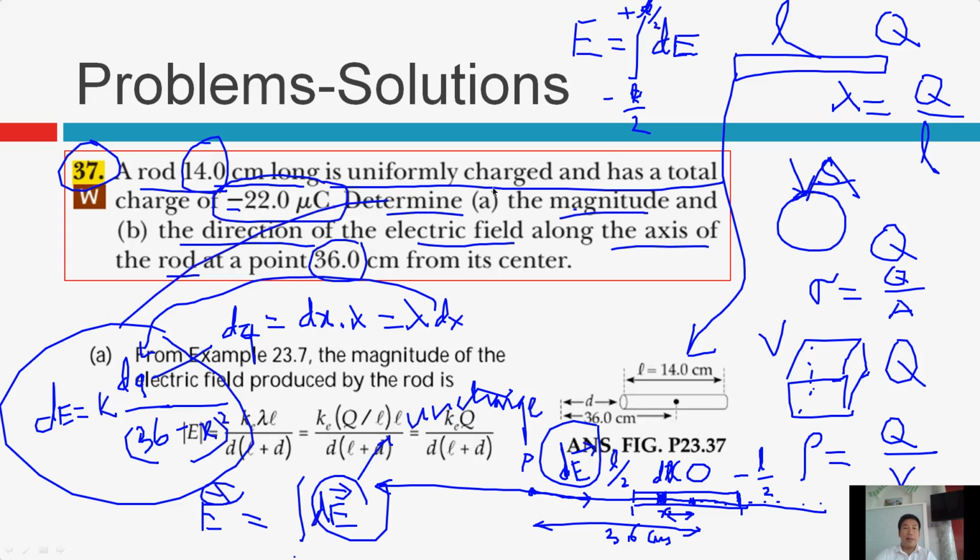And please substitute E to here and calculate. You will have the result here. Okay? Do you understand that? Any question?